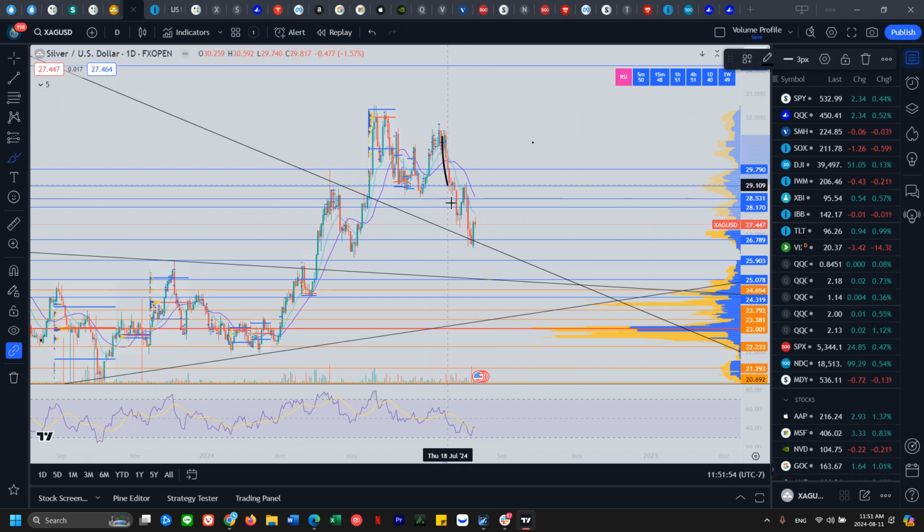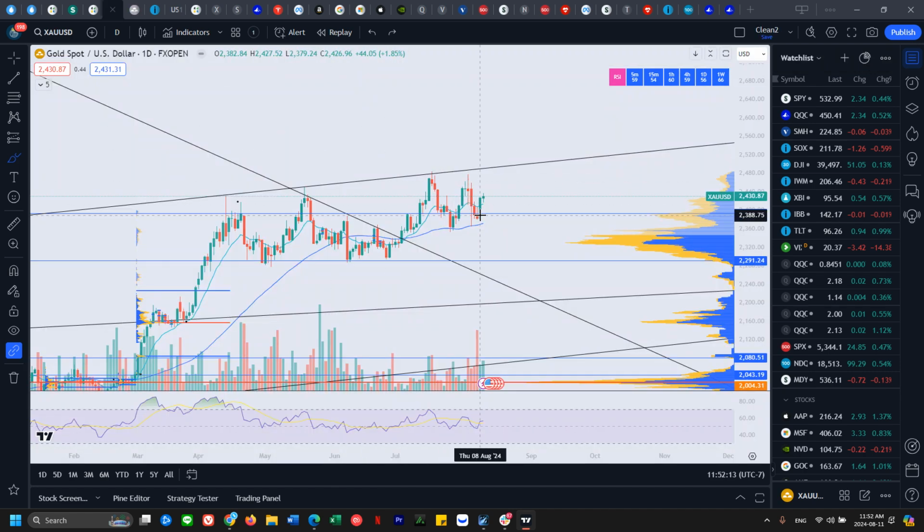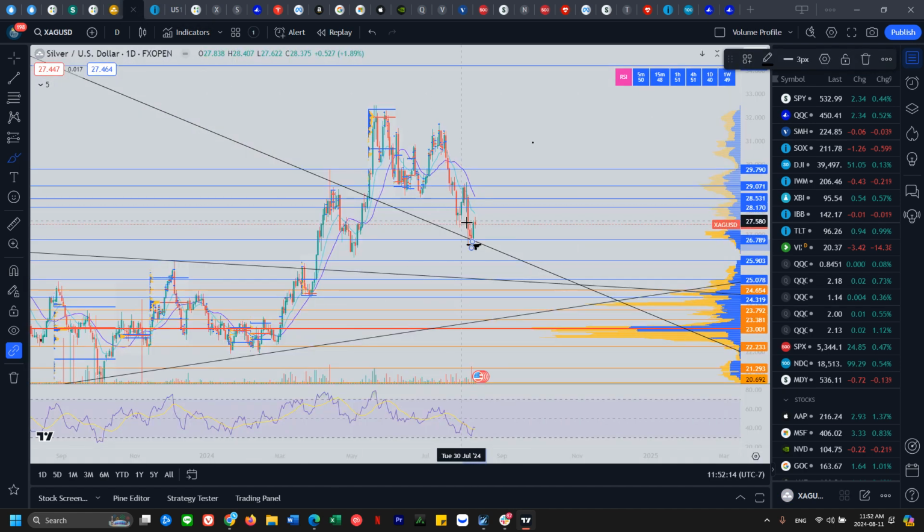So if gold continues to just go sideways, silver is going to continue to head lower until that relative weakness shifts. Usually it shifts when it hits the key support level, but currently we did hit some support level here, and that relative weakness hasn't really shifted yet.